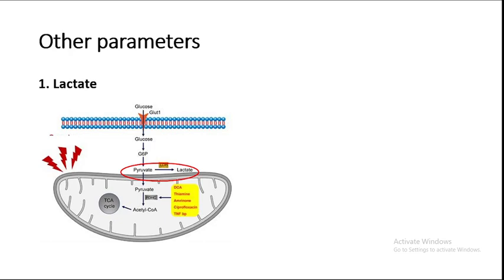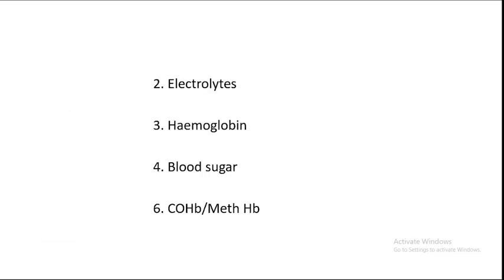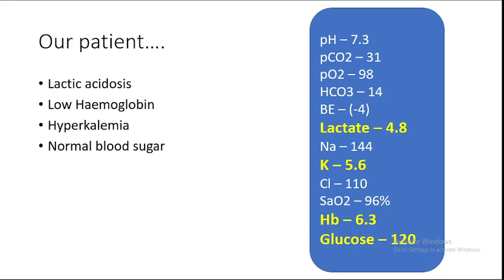So pyruvate will be converted to lactate, and lactate will accumulate. And other than that, metformin toxicity, and if there is hepatic failure, there will be high lactate production as well. And you also have to look at the electrolytes, hemoglobin, blood sugars, and these values which the blood gas machine will calculate for you.